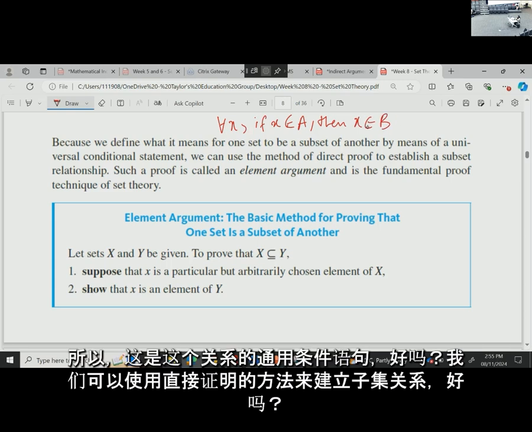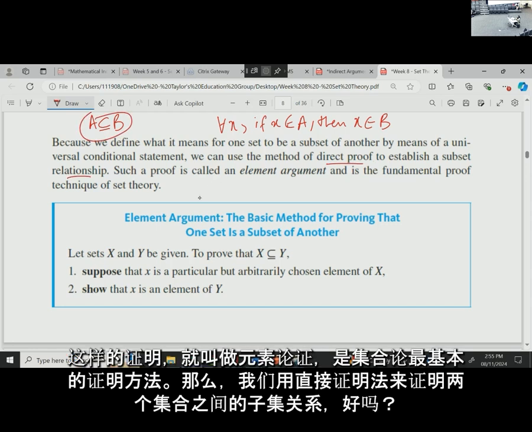So this is the universal conditional statement for this relationship. Okay, we can use the method of direct proof to establish a subset relationship. Such a proof is called an element argument, and it's the fundamental proof technique of set theory. So we use the direct proof method to show the proof for subset relationship between two sets.